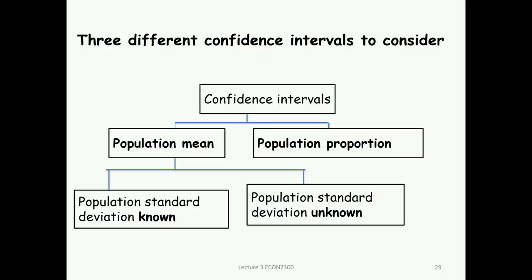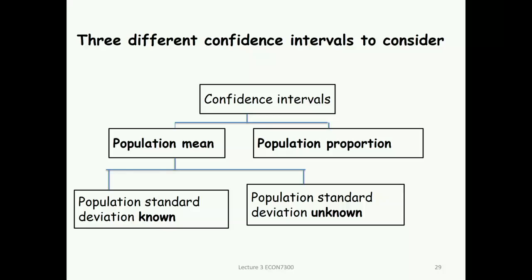When you talk about the proportion, always you apply the Z test. Proportion, always Z. Mean, it could be the Z test, it could be the T test. When you apply the Z test, the population standard deviation is known.